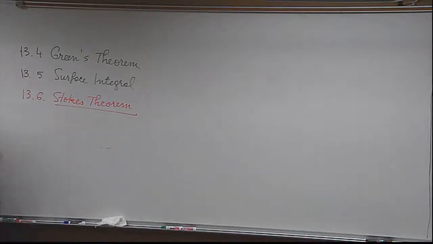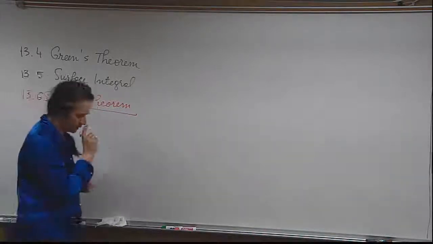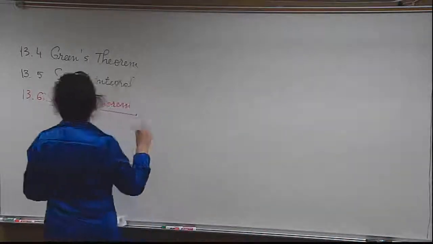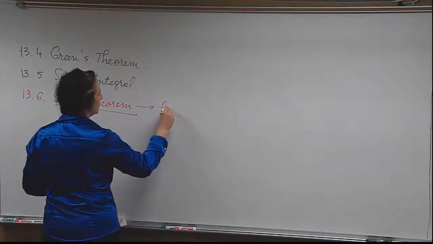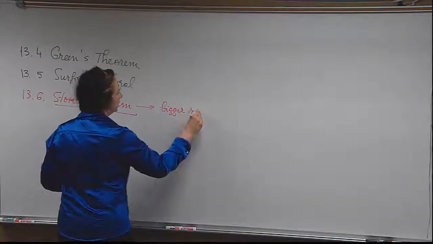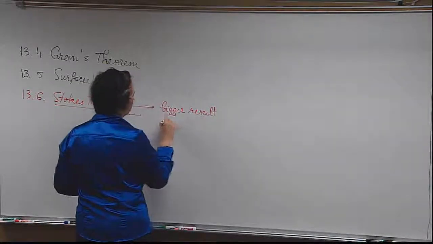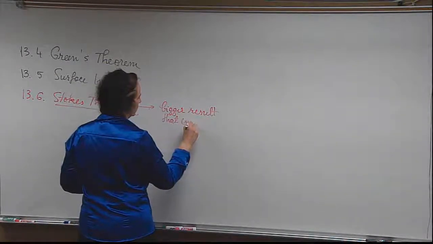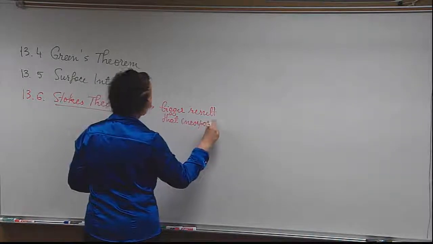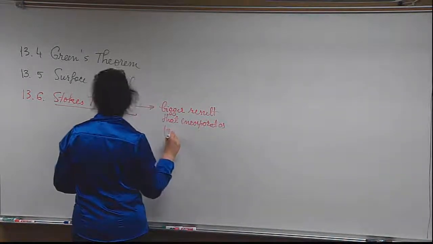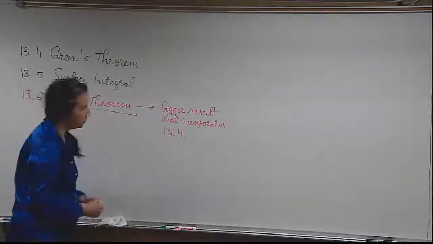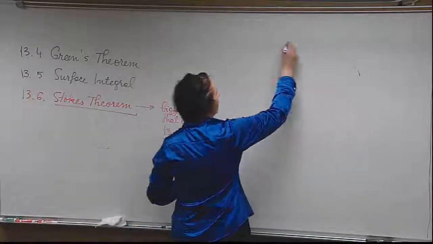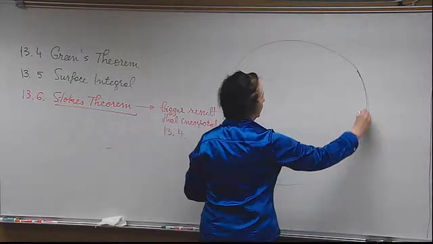But before I do that, I want to attract your attention to a fact that this is a bigger result that incorporates 13.4. So Stokes' theorem is a more general result. Let me make a diagram, like a Venn diagram.